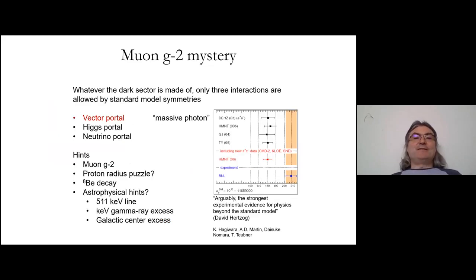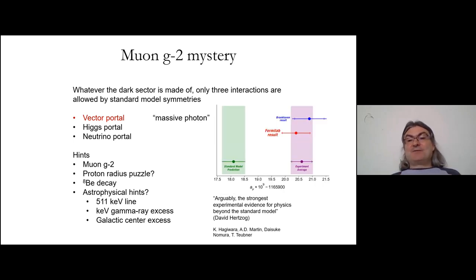We've all heard about the muon g-2 mystery. I will not say too much about it, but for the longest time, it looked like there was a 4 sigma or so discrepancy between the standard model prediction of the muon magnetic moment and the experimental measurement.